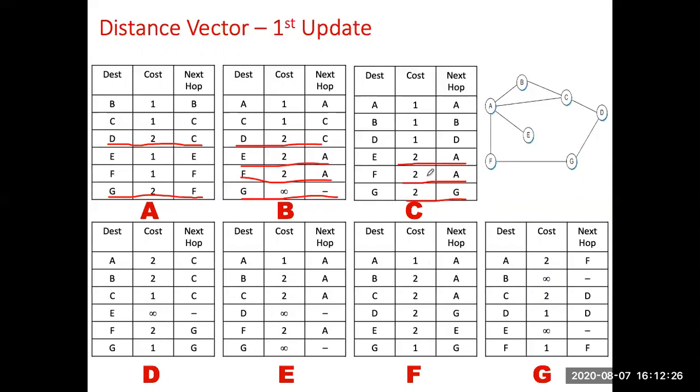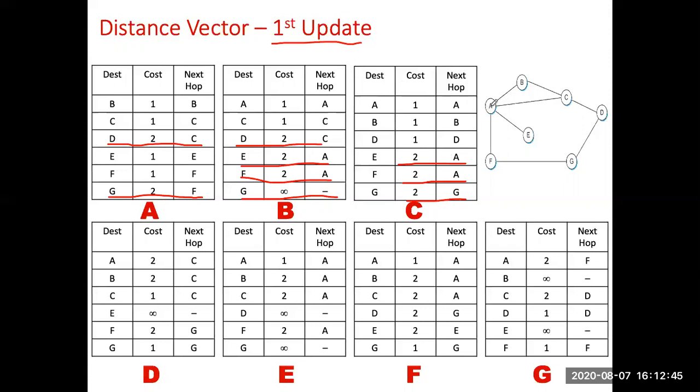First we will see how these tables are updated. According to the steps followed by the Bellman-Ford algorithm, in the first update all the nodes share information with their immediate neighbors.